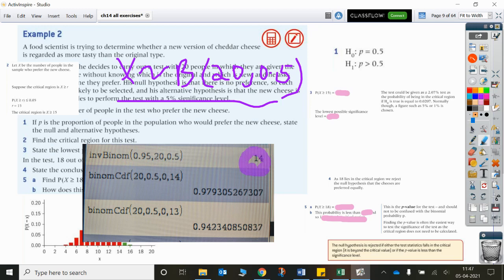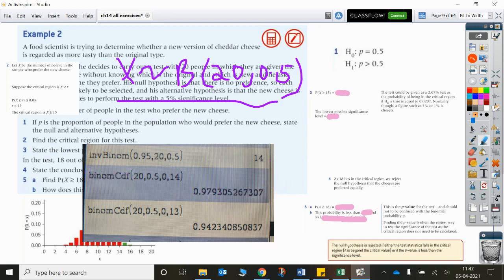But you have to be really careful with the 14 because what that's really telling us when you do a binomial CDF, going from 0 to 14, is that we're trapping more than 95% in from 0 to 14. So we're looking for 15 onwards. I guess this is just a little bit more difficult to think about.